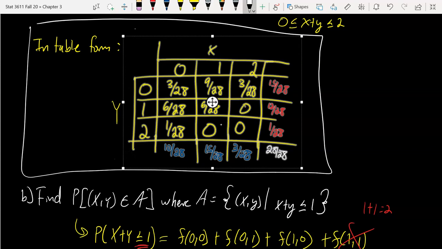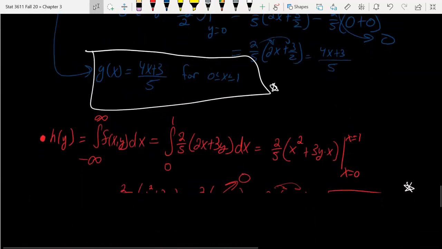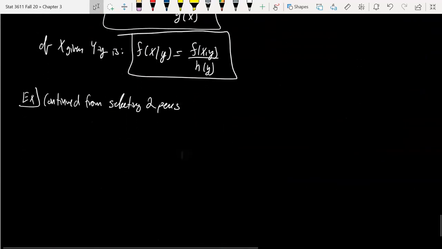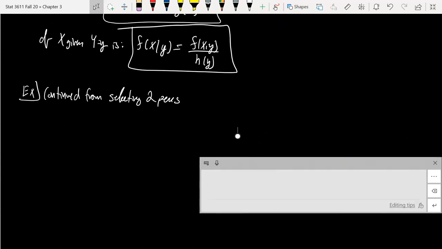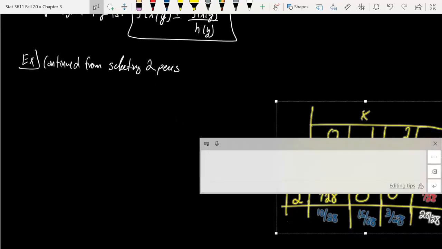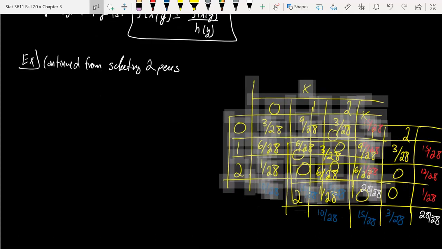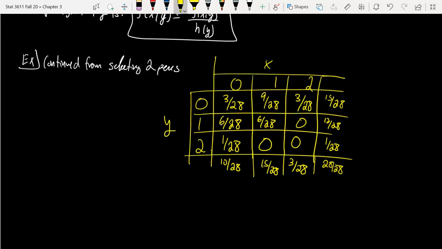Is this the copy button? Copy. Okay, and keep scrolling. Where's my paste button? Aha, perfect. There we go, so we had that. Let's just put our y back right there. All right, so there's our distribution.